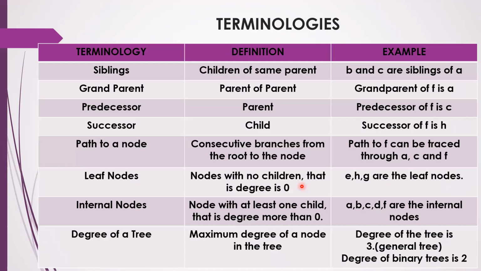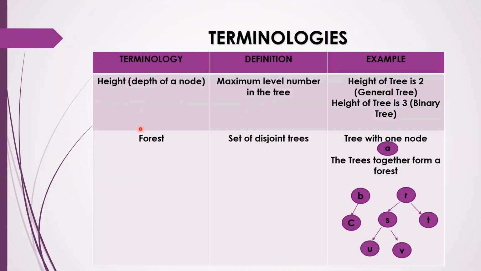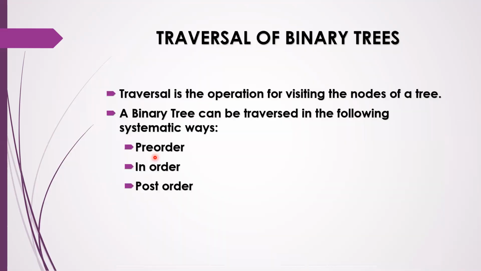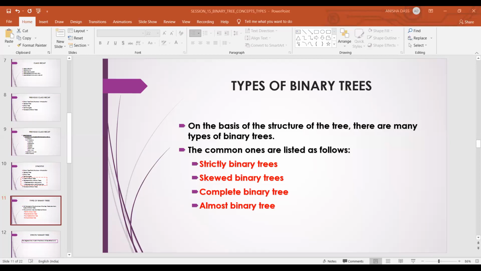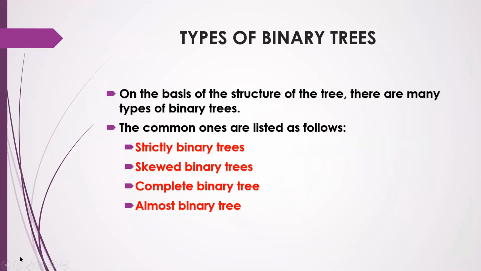Next, the terminologies are very important. We saw siblings, grandparent, predecessor, successor, path to a node, leaf nodes, internal nodes, degree of a tree, height, and forest in the previous class. This has to be remembered in order to understand the types of a tree. On the basis of the structure of the tree, there are many types of binary trees.